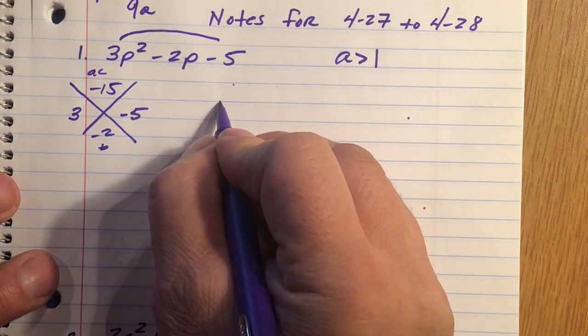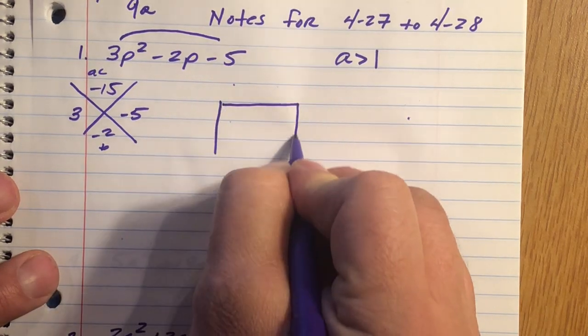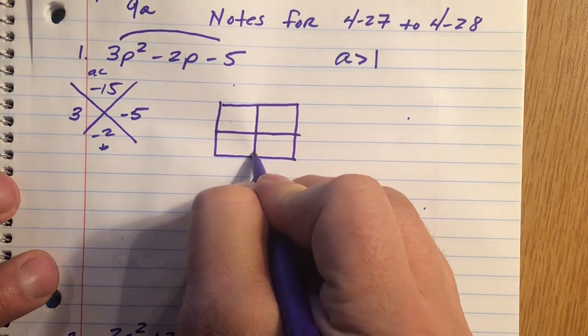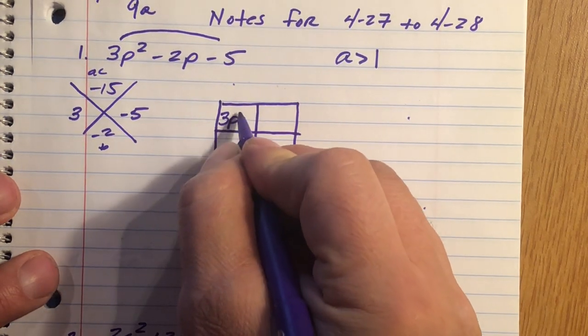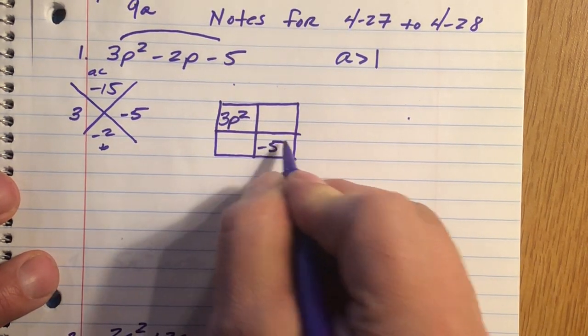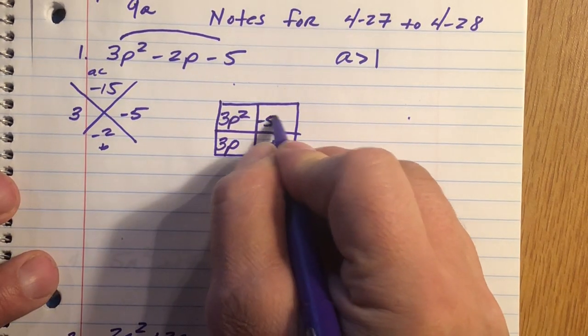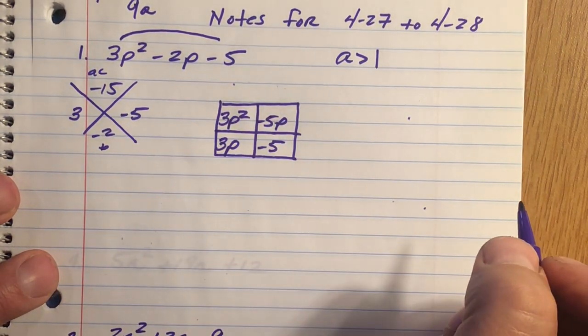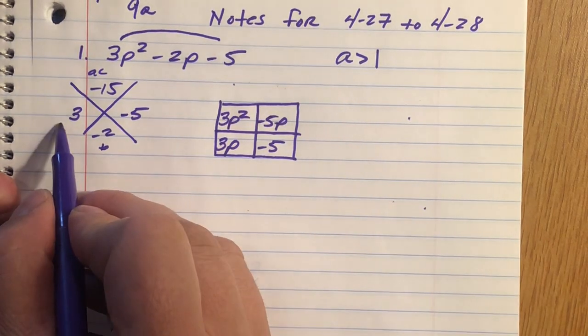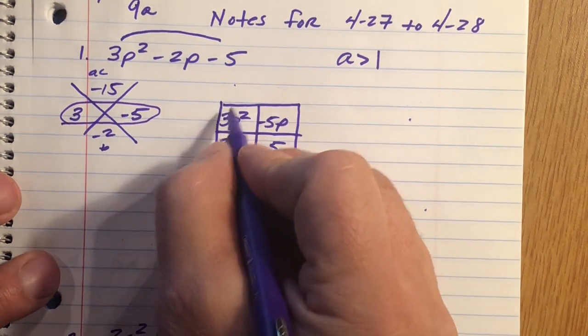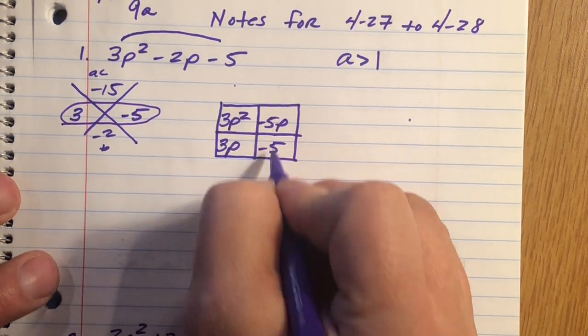All right, so now I'm going to go back over here, make my box. I got 3p squared, negative 5, 3p, negative 5p. All right, I just took these and plugged them in there. Now you just have to find the GCFs, okay?